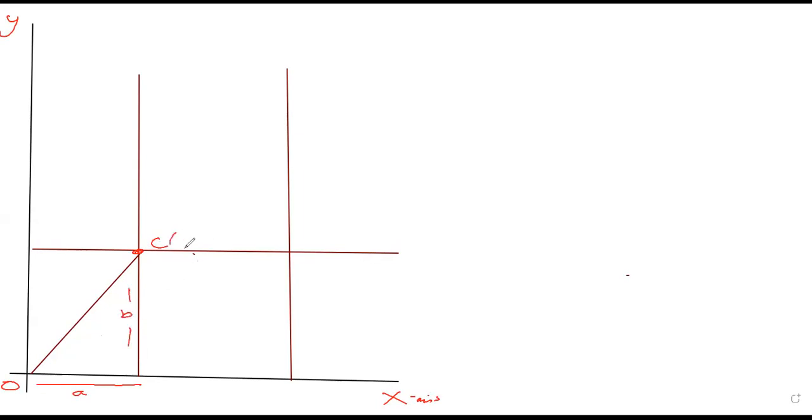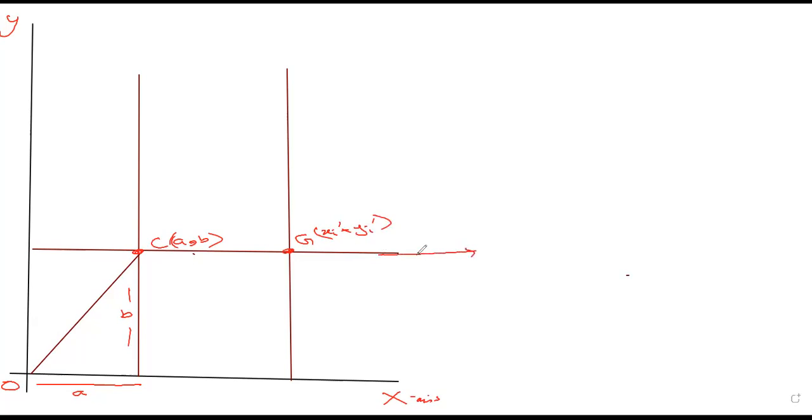So the coordinates of C are a and b. Let's say here is some point G, which is the center of mass on the axis through which the body would rotate, and its coordinates from the origin are xi dash, yi dash.